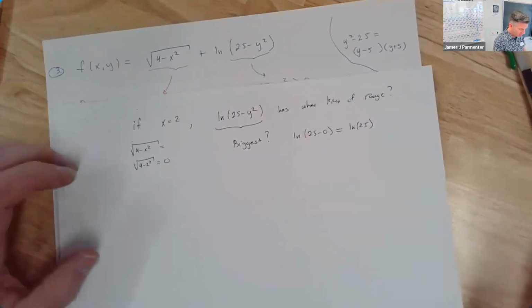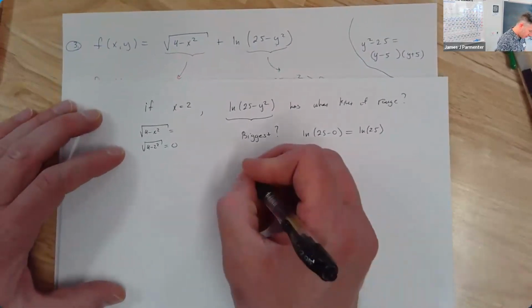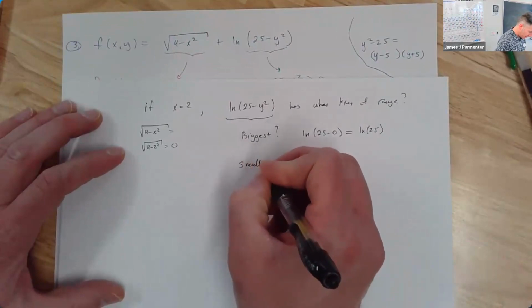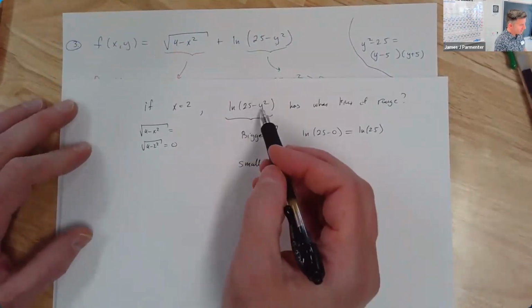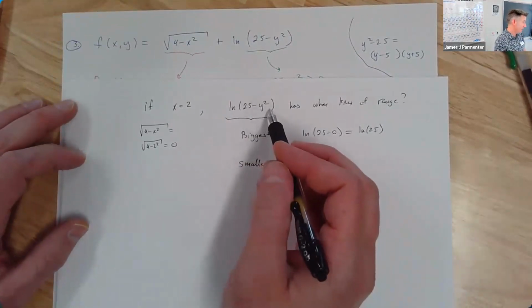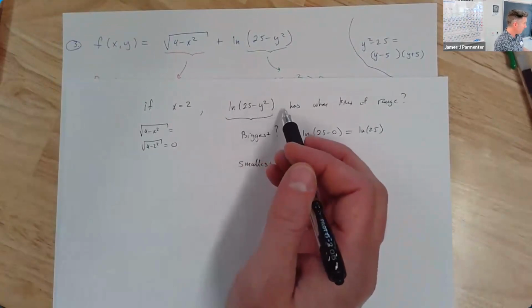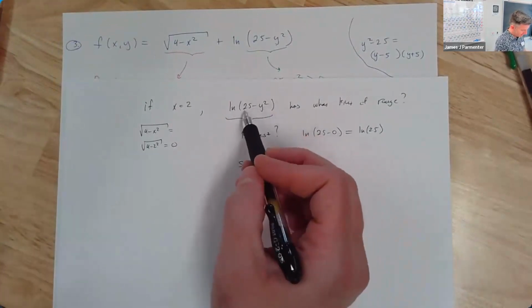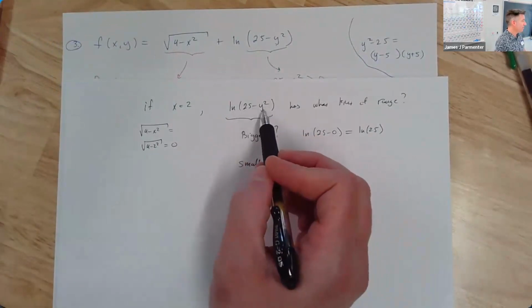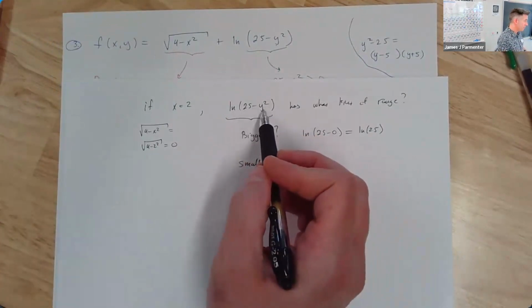Okay, here's a harder question to answer. What's the smallest this can be? Well, y can get really, really close to 5, but it can't actually be 5. The reason it can't be 5 is if it were 5, 25 minus 25 is 0, and the natural log of 0 is undefined.